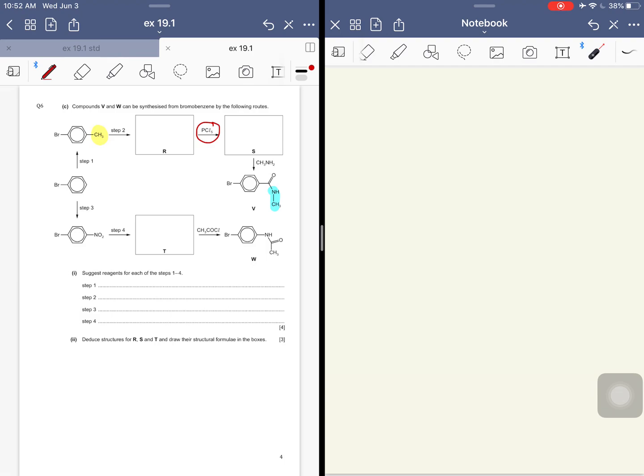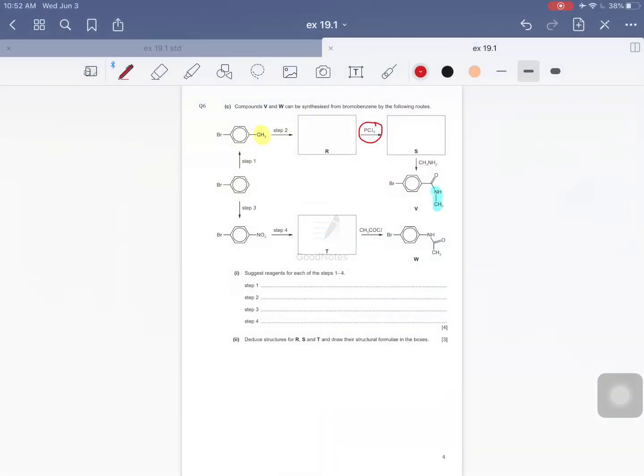So I'm guessing S will have this structure, bromine with a benzene ring, Cl. Acyl chloride.